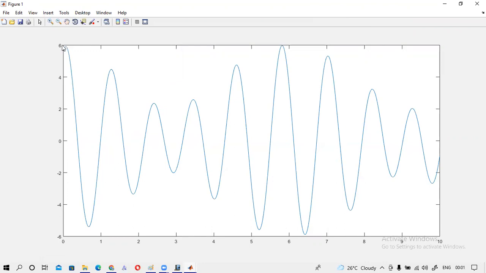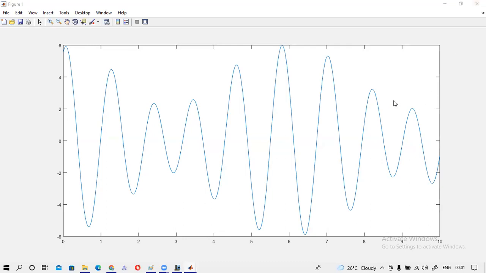Here you can see that this point is not equal to this point, so we can't say that this and this are the same. It looks like there is a repetitive pattern, but if you look closely, these values are different. So this is not a periodic signal.